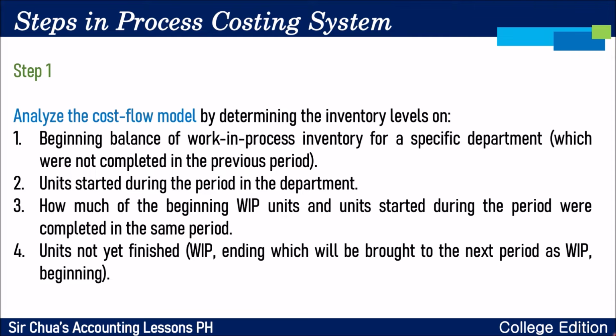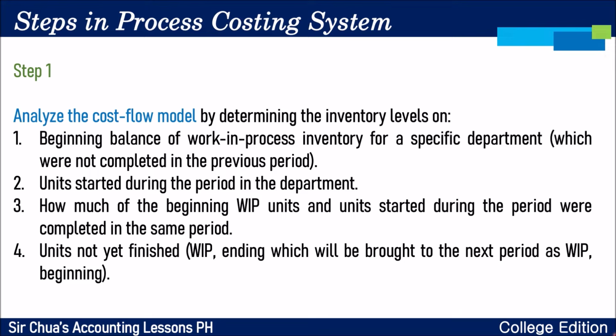Number 2, syempre, meron din po tayong mga units na inumpisahan dun mismo sa period na yon, current period dun sa department na yon. Number 3, dun po sa beginning work in process and the units that we started in that department, how much of them or how many of them has been completed.